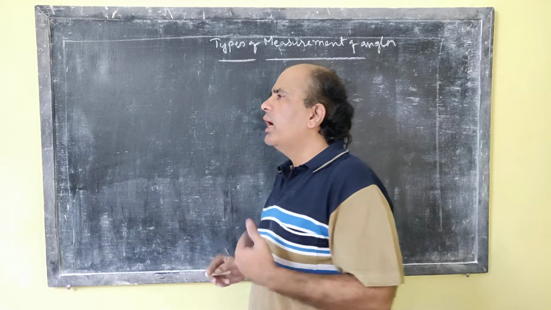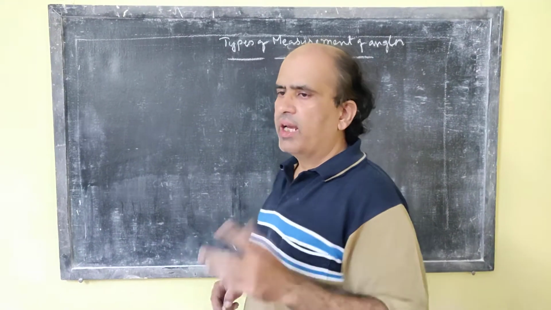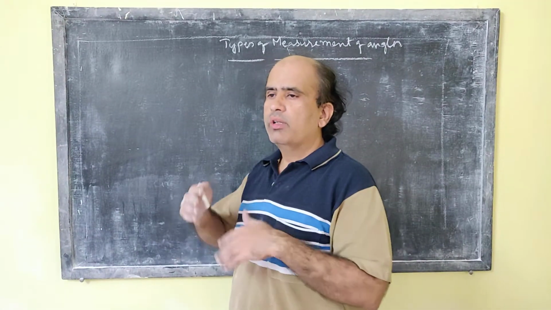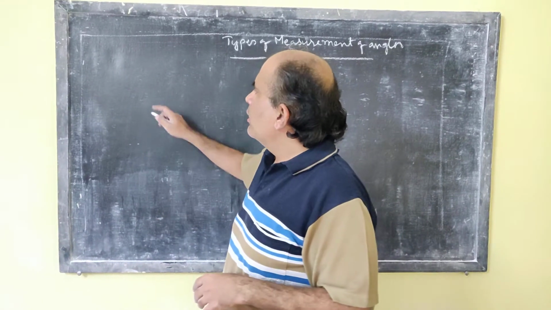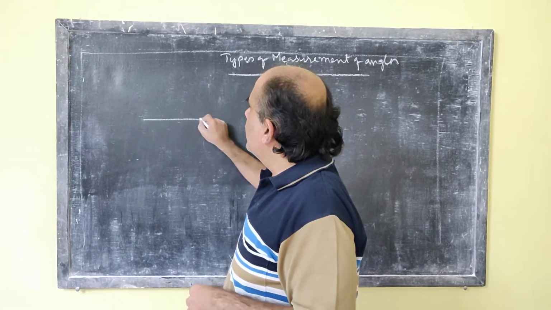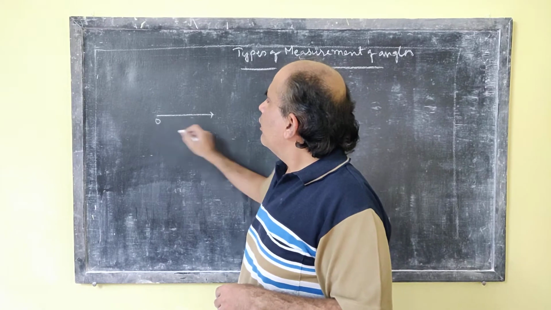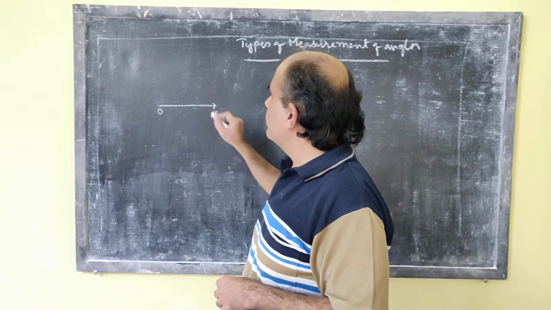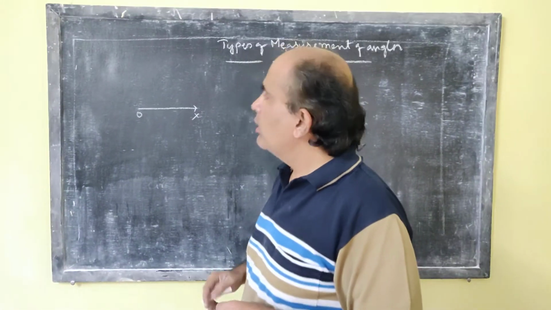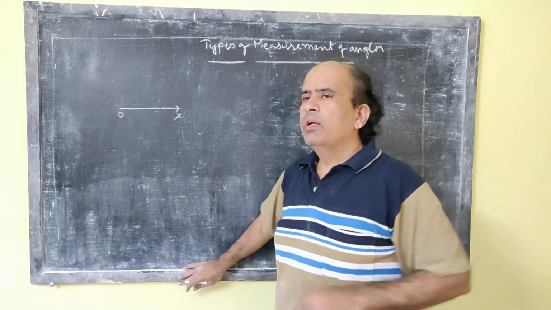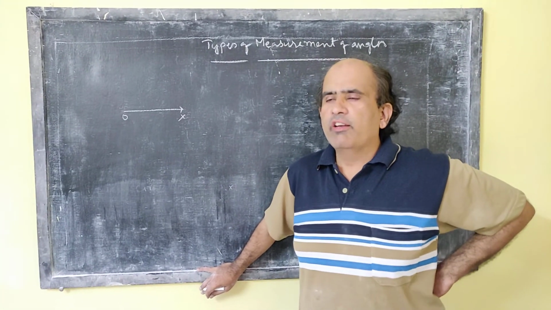When I have to measure an angle, you know what is an angle, so I don't want to discuss that in detail. We have a reference line, or we call it an initial line, OX. When I call it an initial line, the meaning is that it is a reference line.